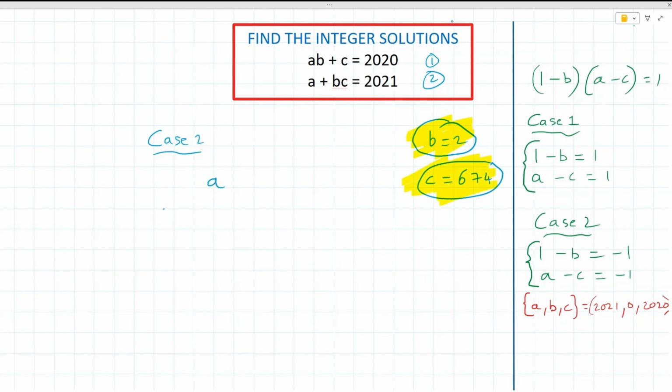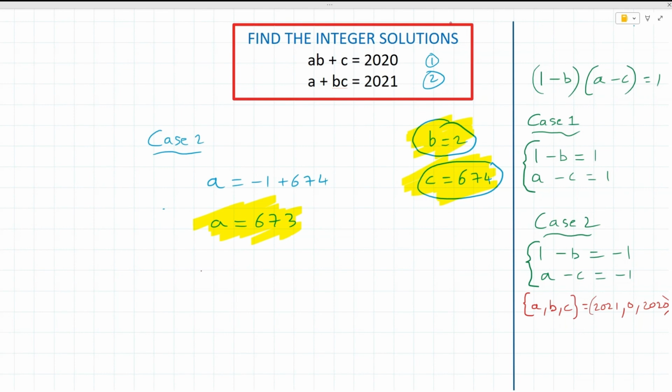And a equals -1 plus 674, which is going to result in a being 673. And you should see that when you plug those numbers back in, 2 times 673 plus 674 is going to be 2020, and the second equation checks out as well. I'll invite you to check those out on your own, but these numbers seem to work out pretty well, so we're pretty happy with the solution.